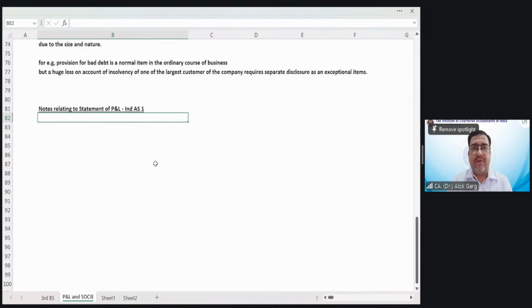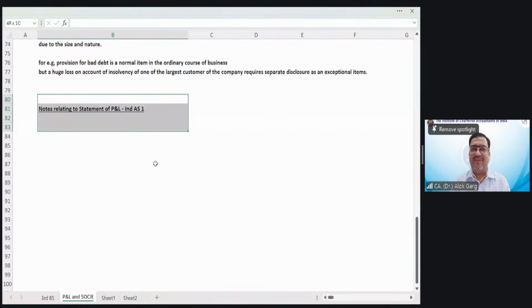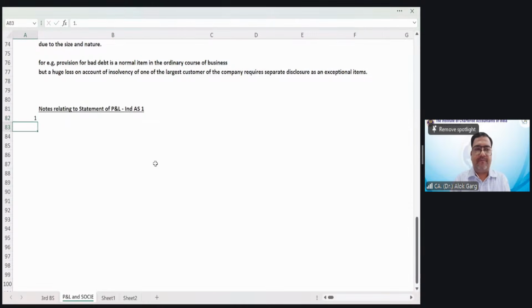Notes relating to the statement of profit and loss. So nobody has told me anything. So should I remove it or should I make a note? Should I prepare notes? Okay.